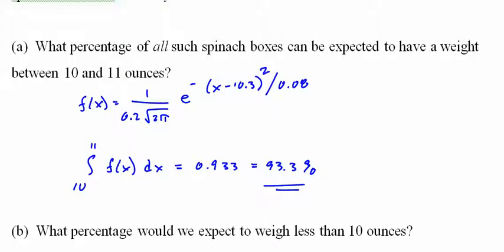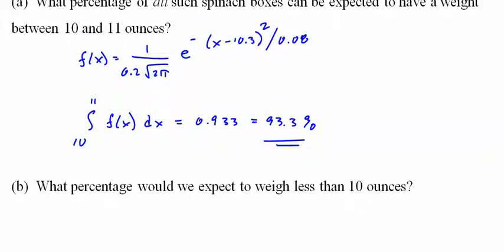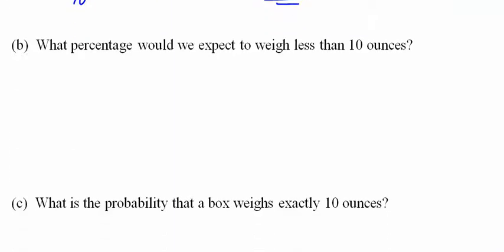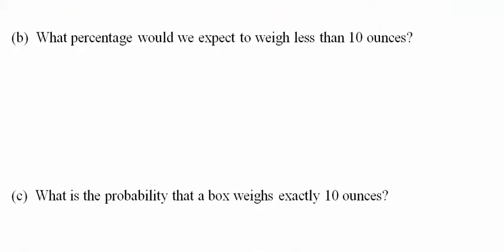Now, what percentage would we expect to weigh less than 10 ounces? So basically, we're going to the left forever. And if you think about the normal curve, it goes forever out here. I've looked it up a few places, and they're like, oh, don't worry about it, just go out a couple sigma, 3 sigma, 4 sigma. I go out 5 sigma, and that's been working.